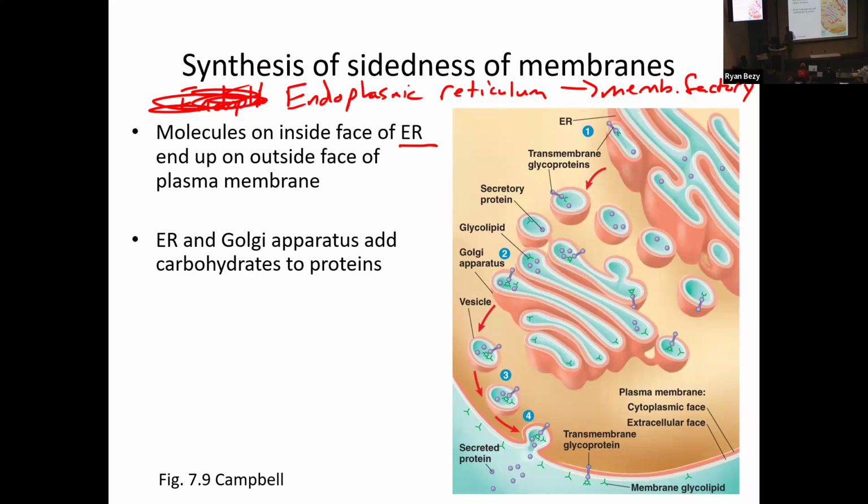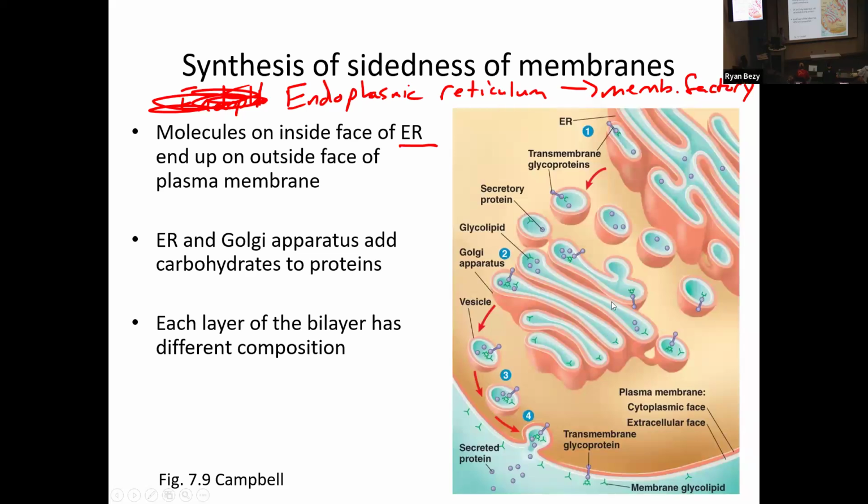So they add these carbohydrate parts and these protein parts, but membranes move from the endoplasmic reticulum to the Golgi apparatus, and then eventually those little membrane bubbles fuse with the plasma membrane and can grow the plasma membrane bigger. So the membranes are made in the ER, pass through the Golgi, and end up getting passed over here.